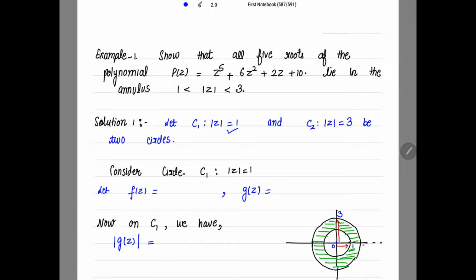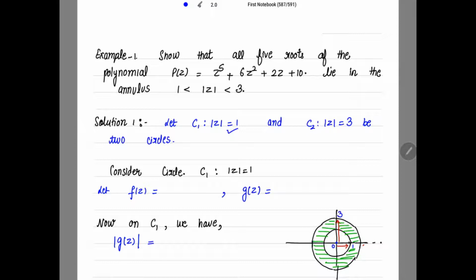Because we are talking about the circle C1 and we do not need any root in C1. That means I have to choose my polynomial f(z) which has no root. So from the given polynomial p(z), we have to choose our f(z) and g(z), right?